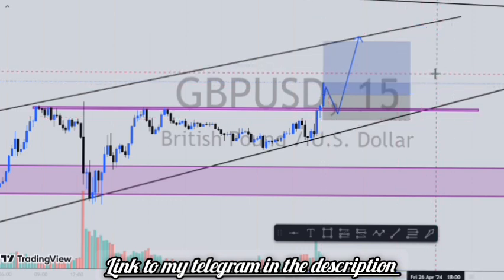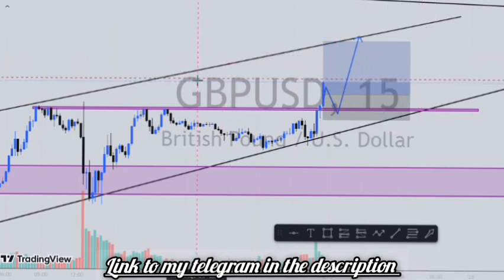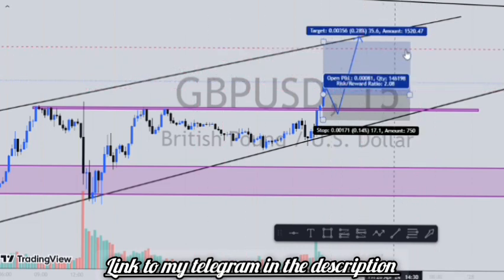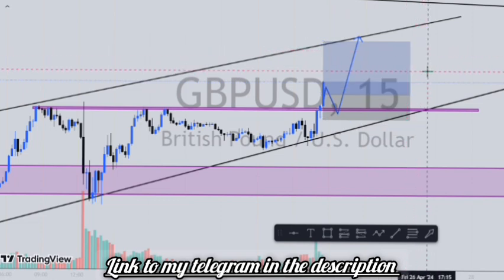Yes. So I'm going to buy this pair right now, and I will update you on how this trade is going. So I'm going to buy this pair up to that point, up to 1.25673.